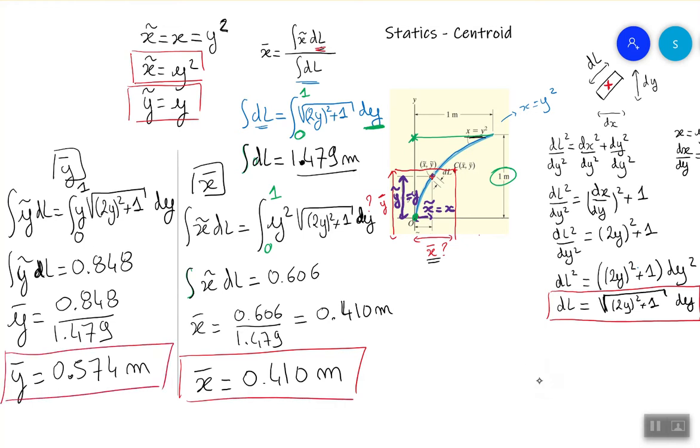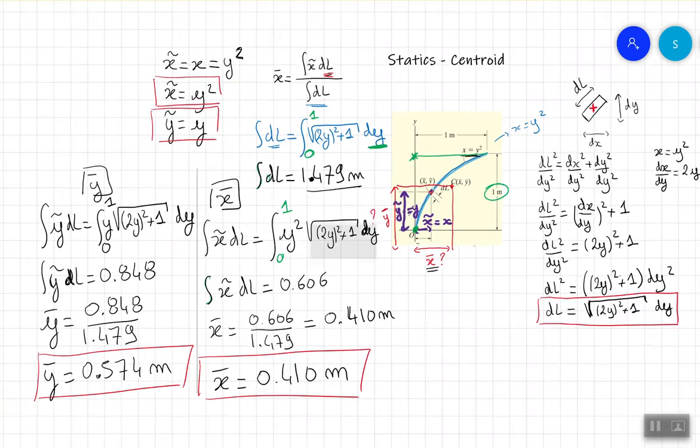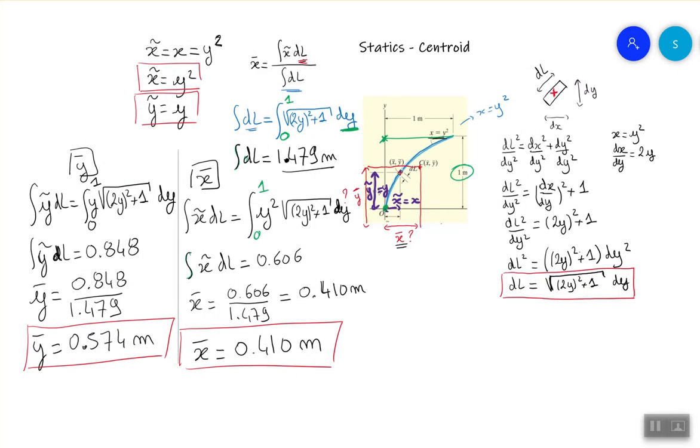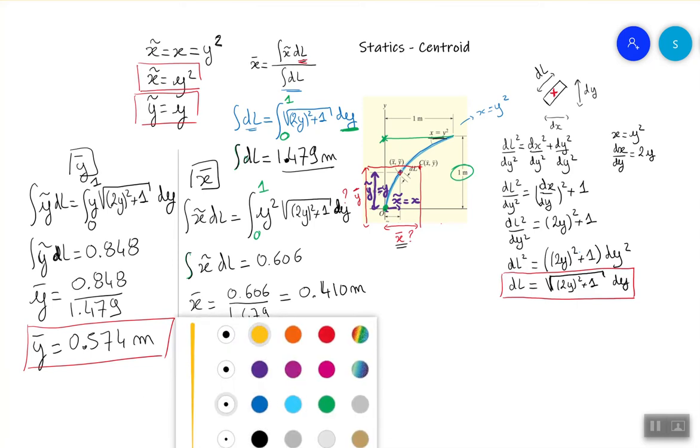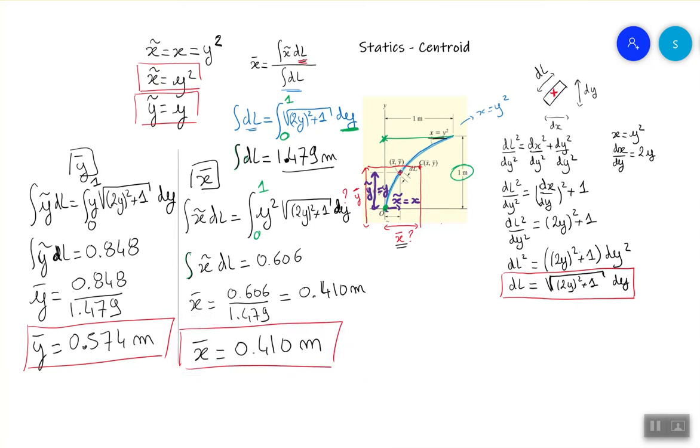Okay, so remember what we did, just to come back on our steps a little bit. First, we wrote the formula, and because it's dl, we rewrote dl.